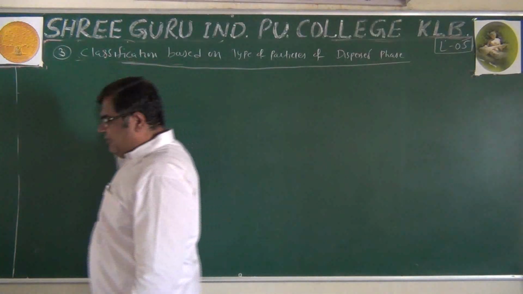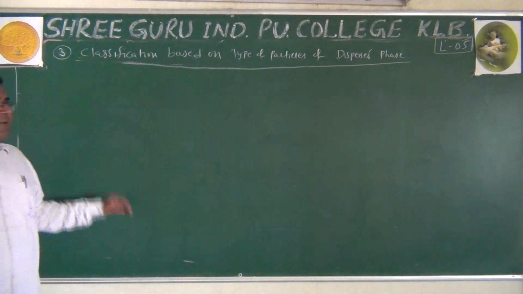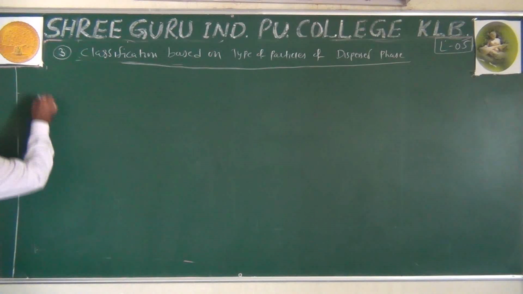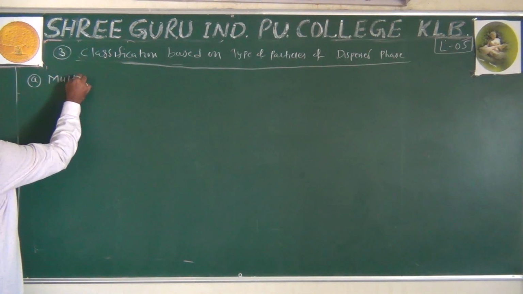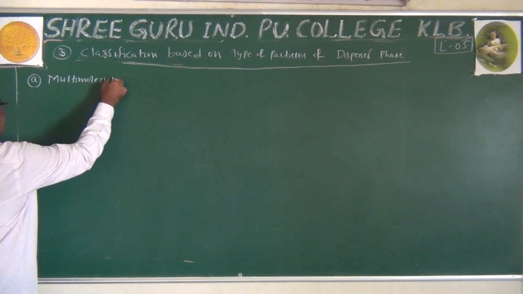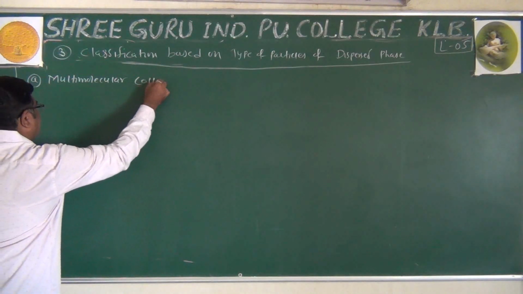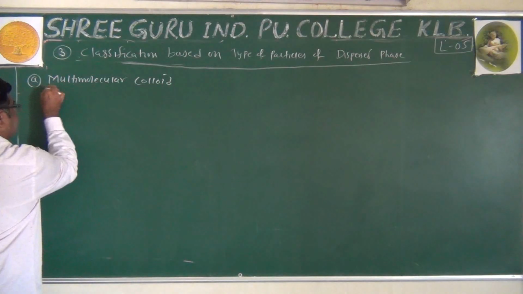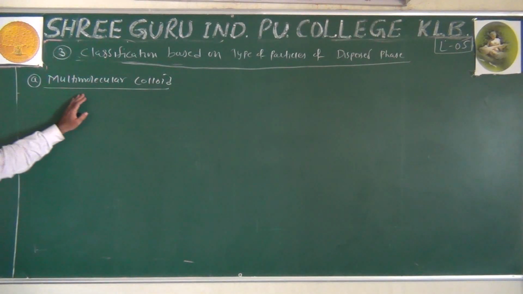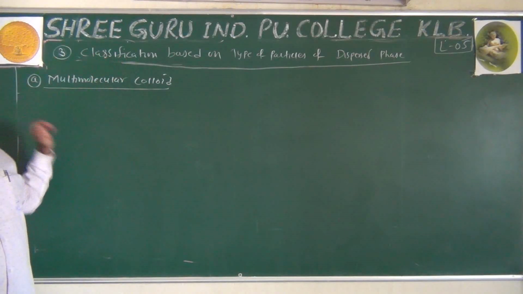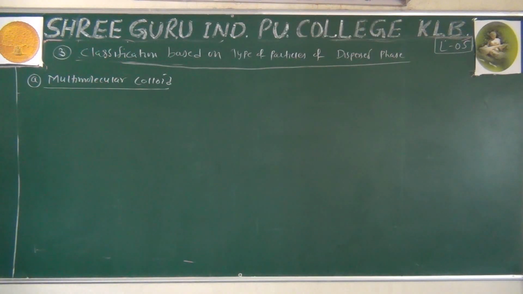Type of particles of dispersed phase. In that, the first is multimolecular colloid. This is the type of colloid based on type of particles of dispersed phase.